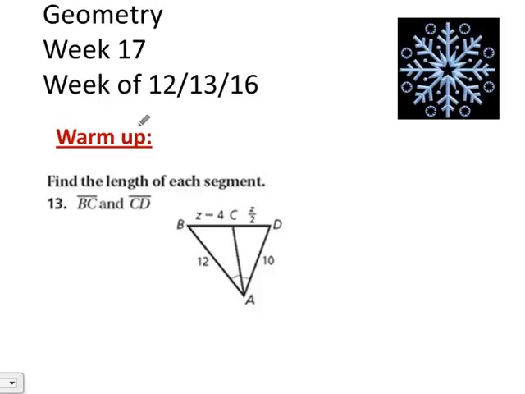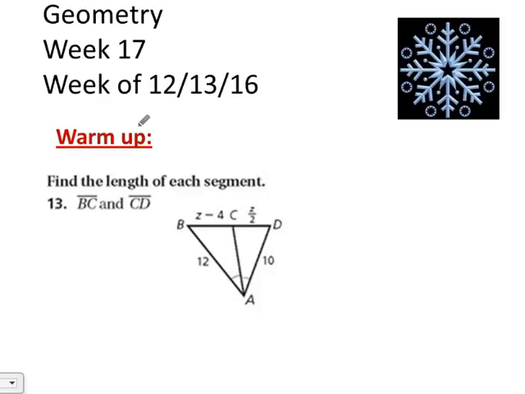You need to use those labeled side lengths and what you learned about how you can set up a proportion last week to solve for z. Once you solve for z, you can find the lengths of BC and CD. So your first task is to set up a proportion that allows you to solve for z.